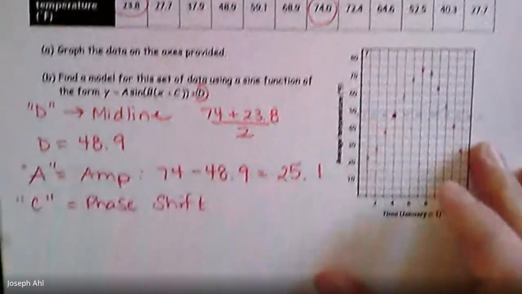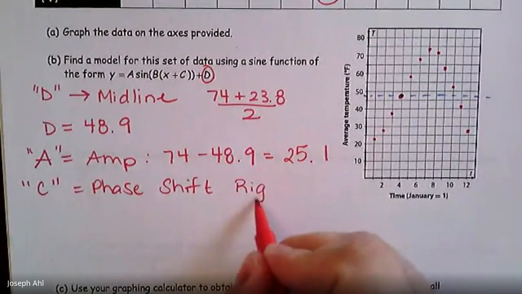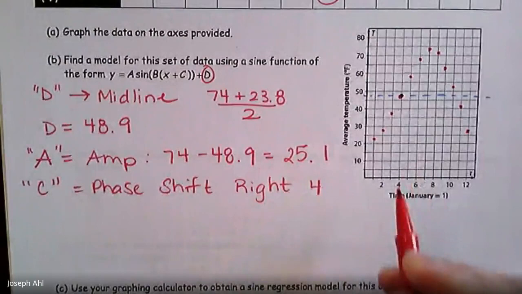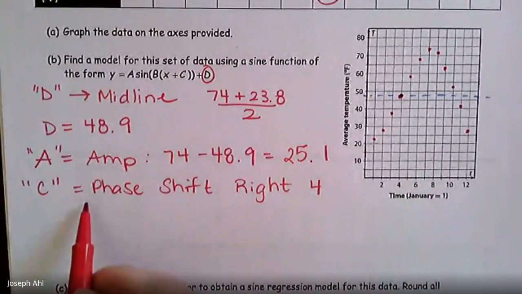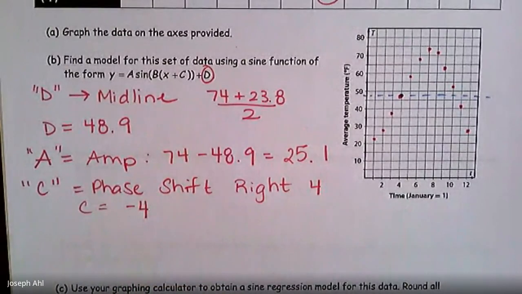So for the phase shift we have to shift to the right 4. And when we move to the right 4, that's going to indicate that C in this example should have a value of -4. Remember that when you shift left and right for functions, we're going to have to say that it's -4 for the value of C in order to get that shift to the right.